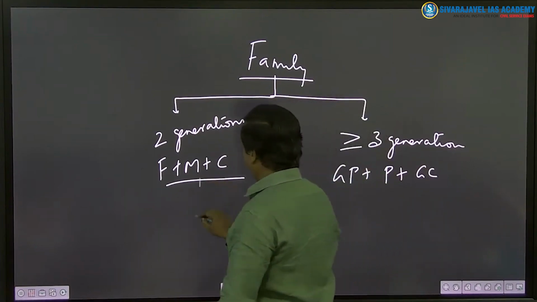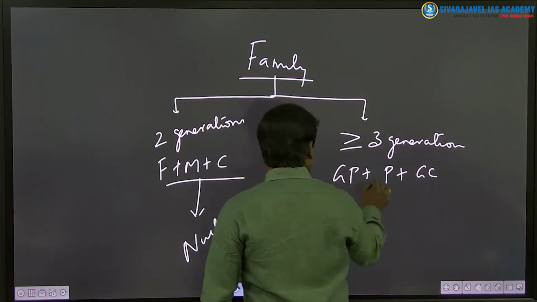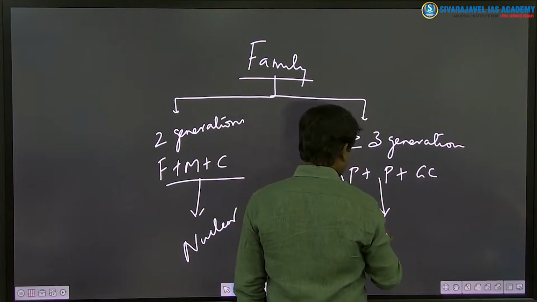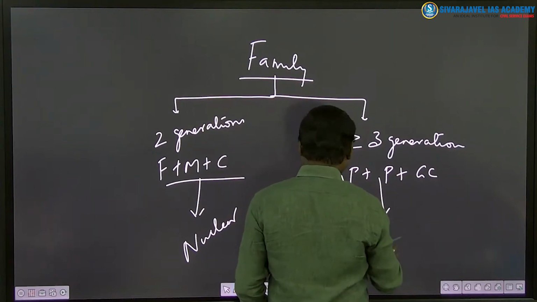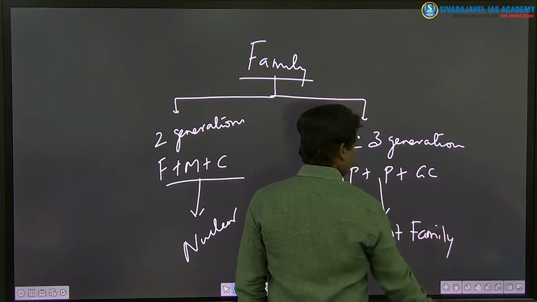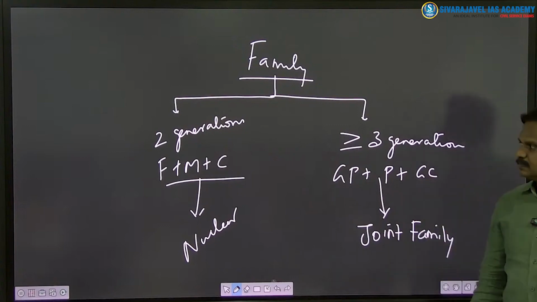So this family is called nuclear family, and this family is called joint family. So there are 2 types of family: nuclear family and joint family.